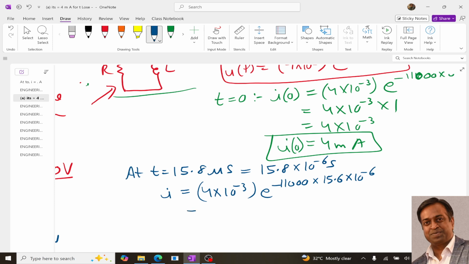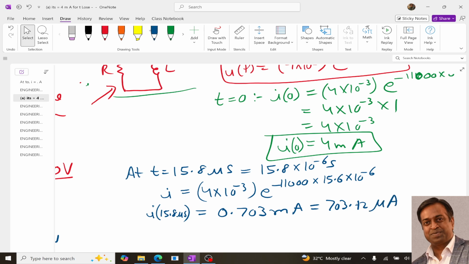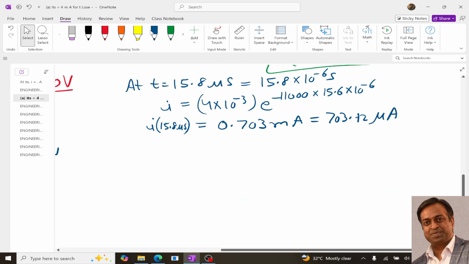Solving this using the calculator, we will get I at 15.8 microseconds as 703 point something microampere, right? So something like this.